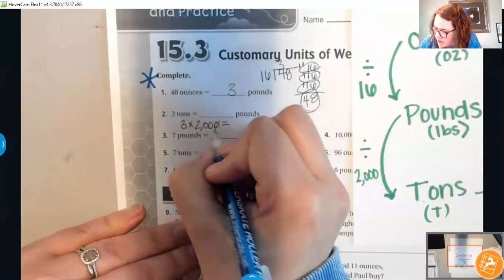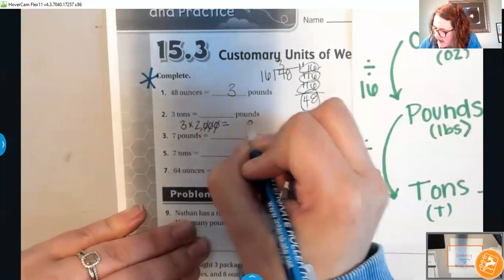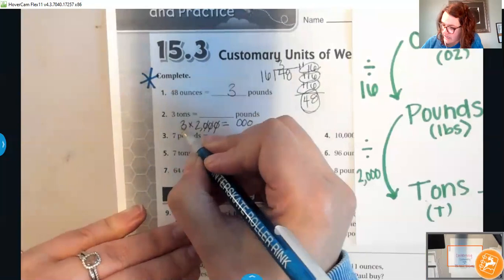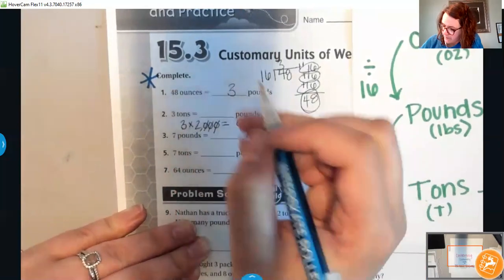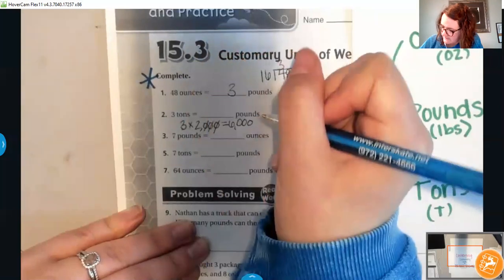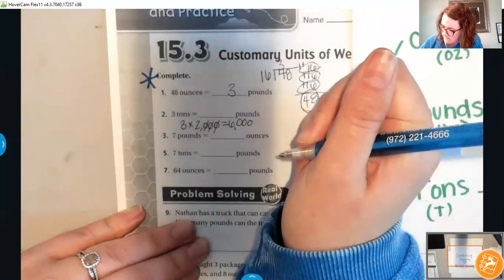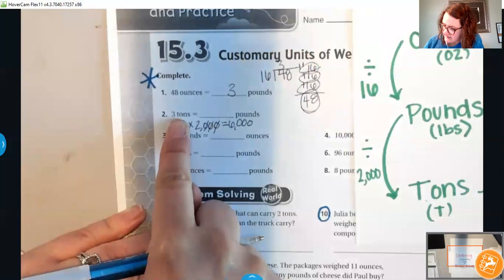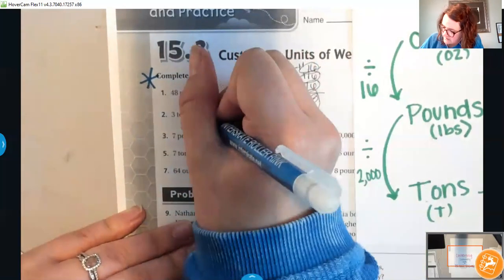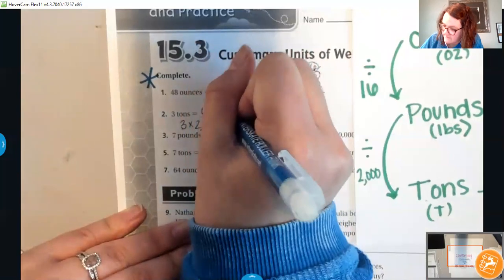I'm going to take 1, 2, 3 zeros off and add them beyond my equal sign. And then we've got 3 times 2, which is 6. So 3 tons equals 6,000 pounds.